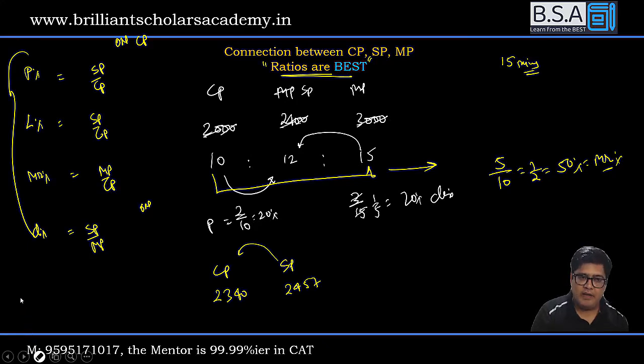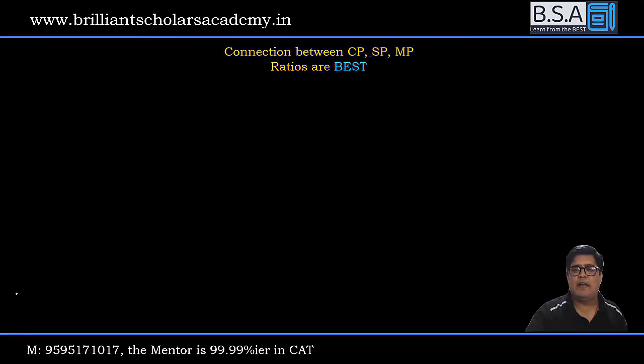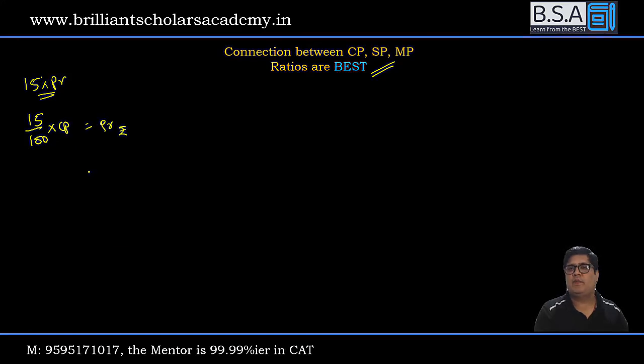Now, more links between these, more connections between these. If I say on a product I'm getting 15% profit, what all calculations can I perform? Because profit is 15%, I can write 15 upon 100 into cost price is equal to profit in rupees.